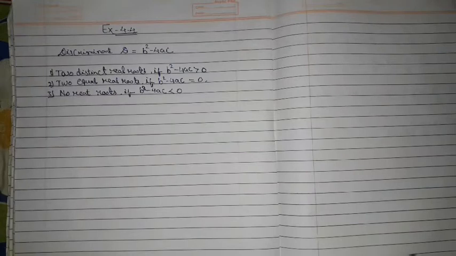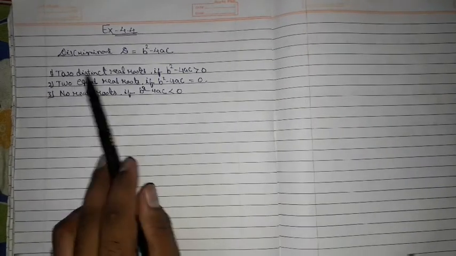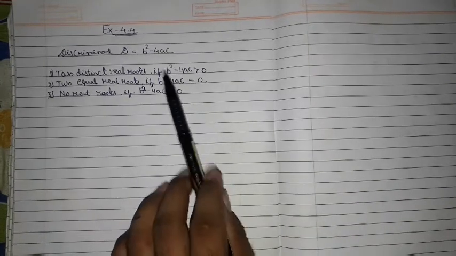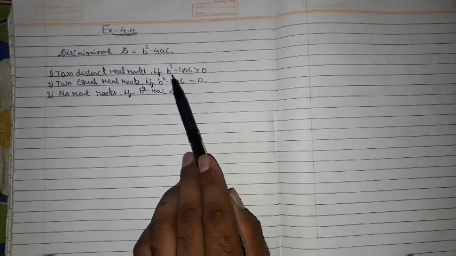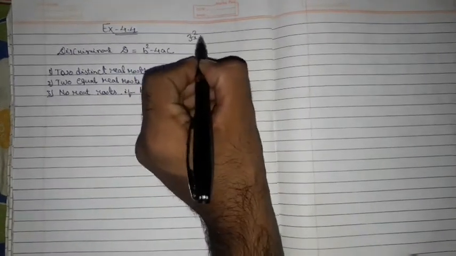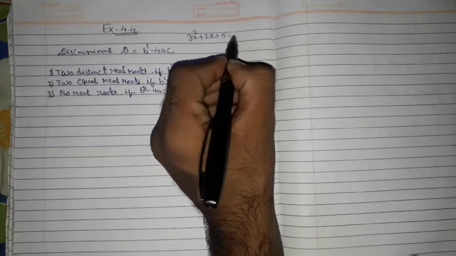it would depend on three situations. First, two distinct real roots would exist if we find the value of b square minus 4ac greater than 0. Suppose we have an equation like 3x square plus 2x plus 5 equals 0.